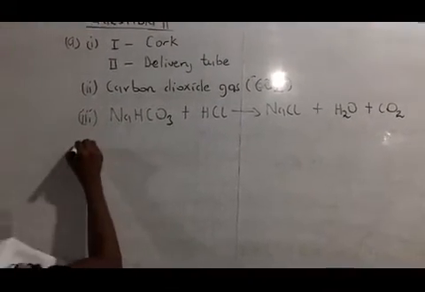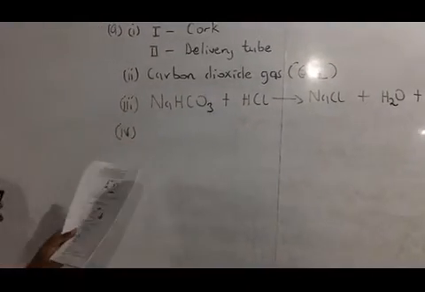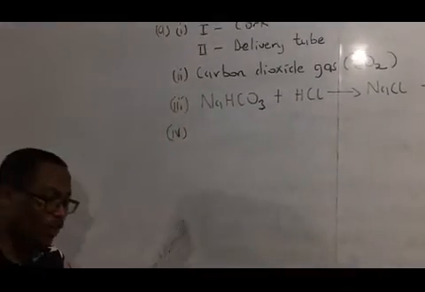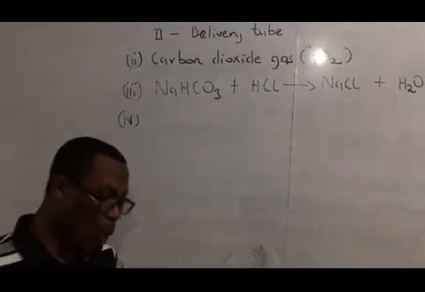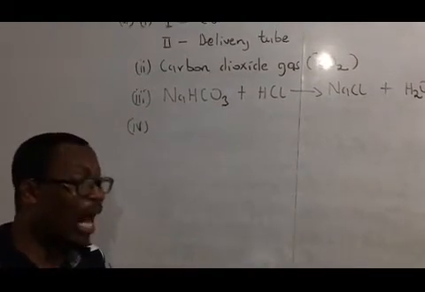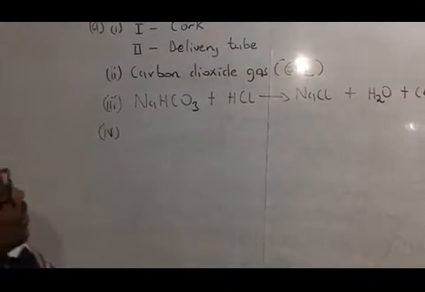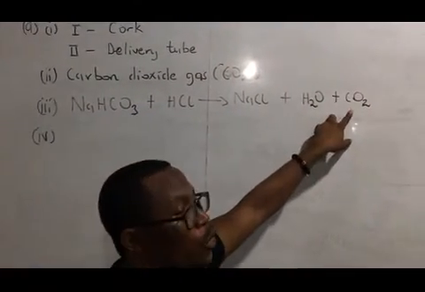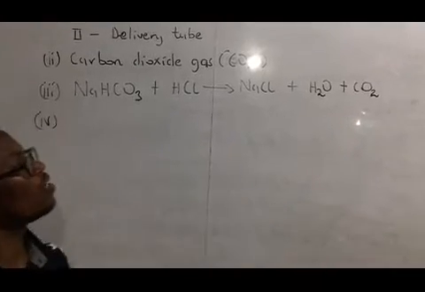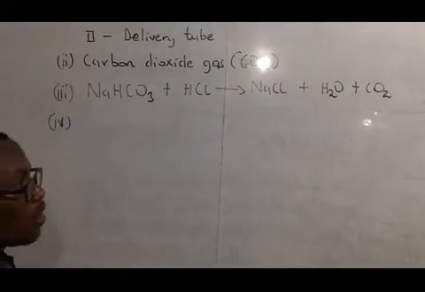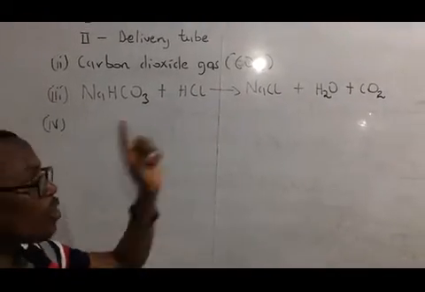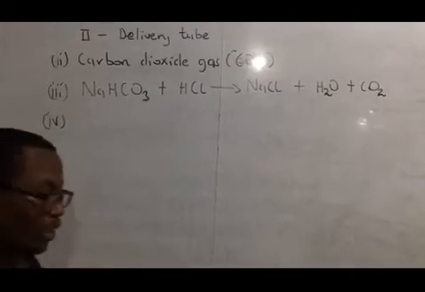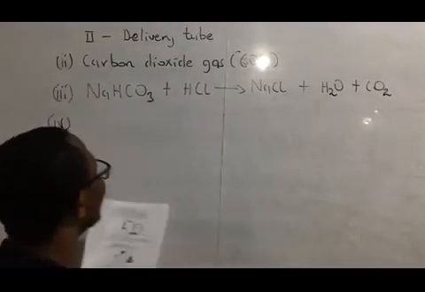Then IV says, what are you likely to observe in the test tube containing lime water? So the gas produced is CO2. In testing for CO2, we make use of lime water. And when the CO2 is passed through the lime water, it will turn milky.